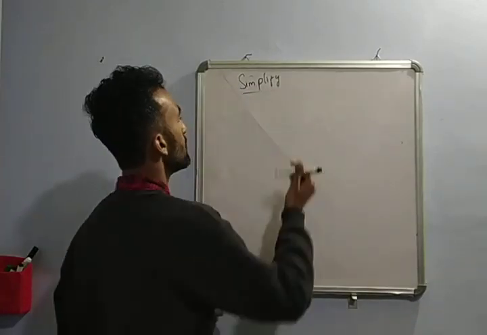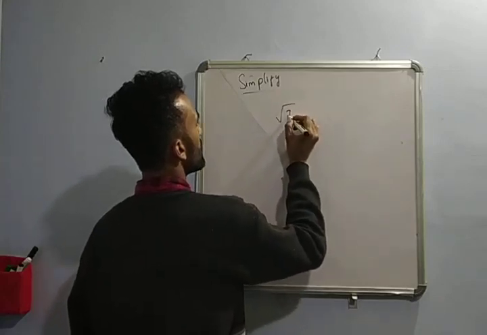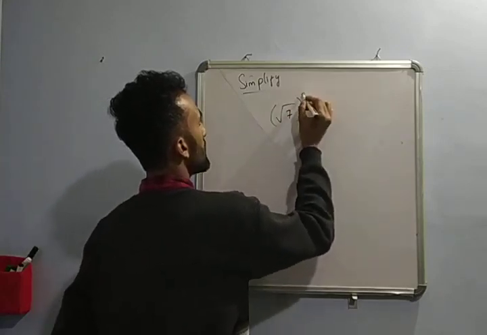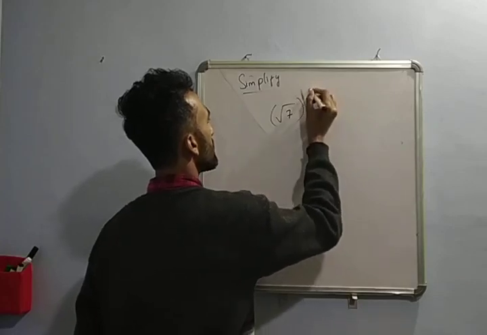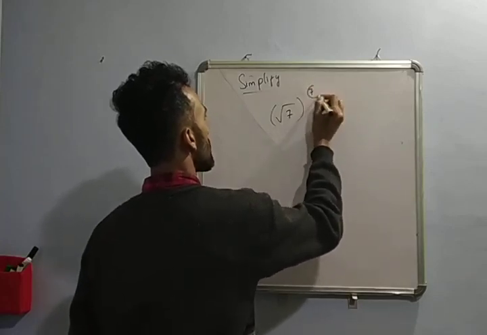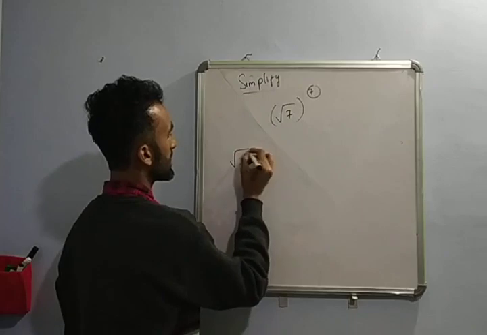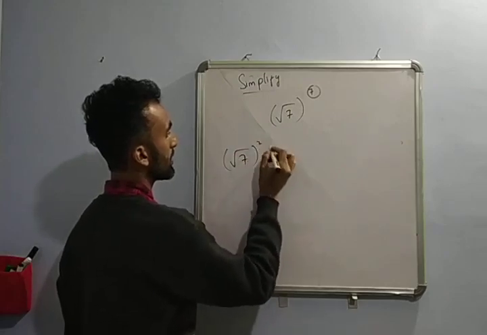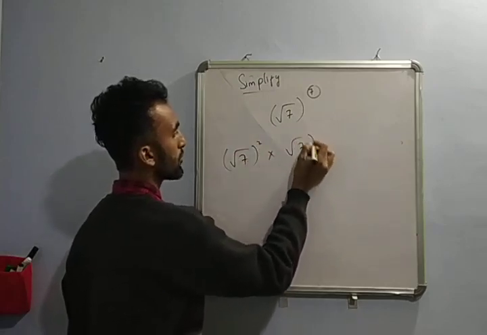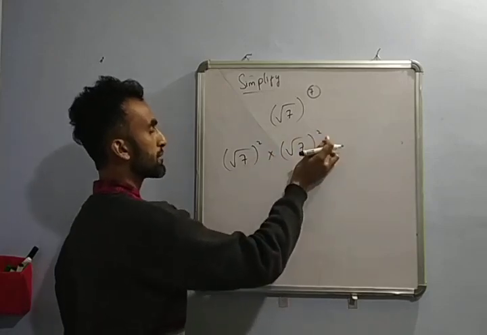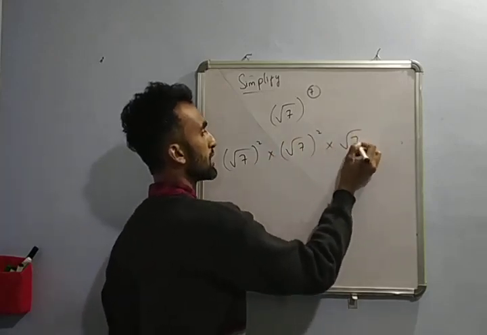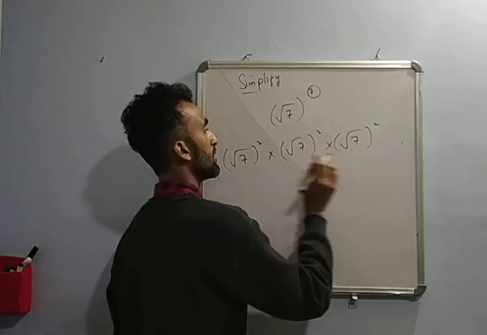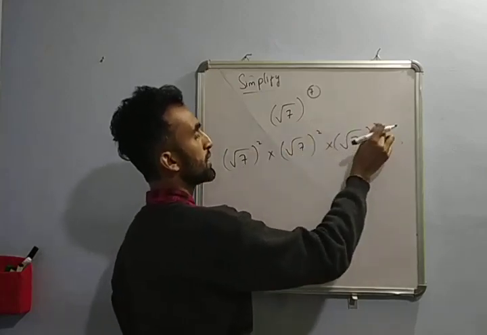If I give you root 7 to the power 7, suppose. Now 7 is an odd number, but I can write it like this: root 7 square into root 7 square. Now 2 plus 2 becomes 4. Again root 7 square. 2 plus 2 is 4, 4 plus 2 is 6.